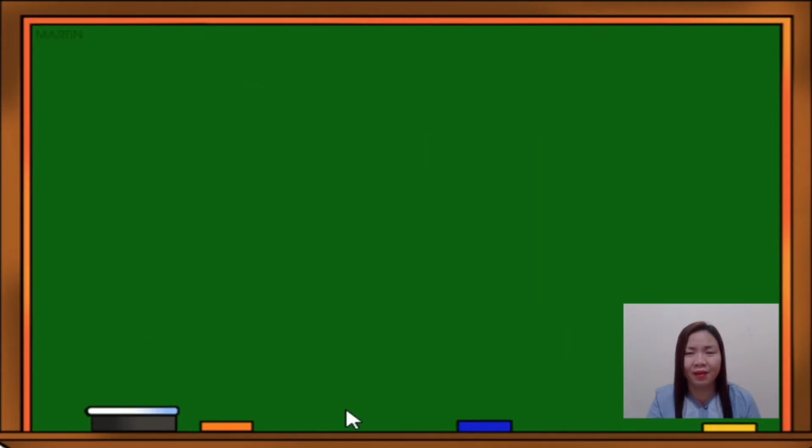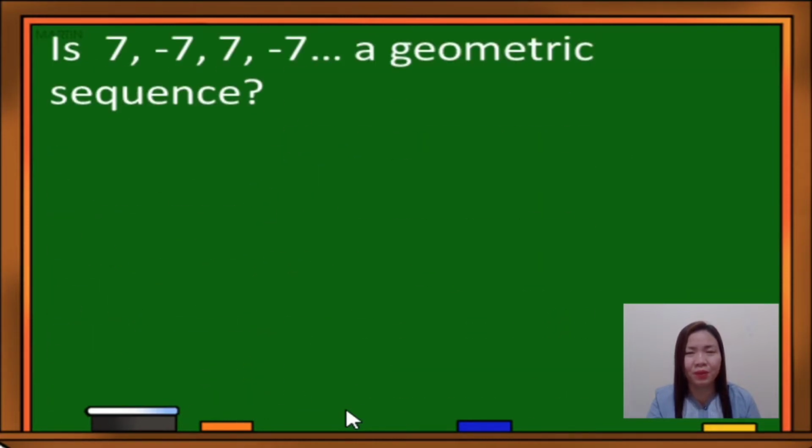Why? Because we have a common ratio which is 3. Okay, another example. What if we have 7, negative 7, 7, negative 7? Is it a geometric sequence? Step by step, negative 7 divided by 7, what is the quotient?